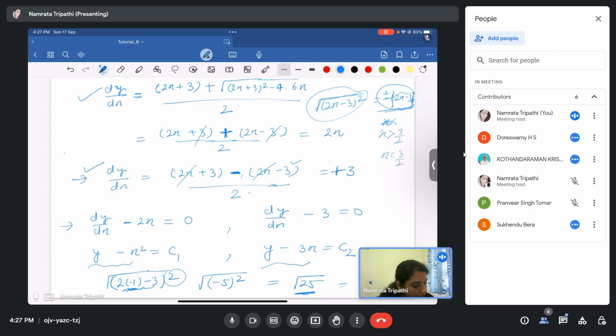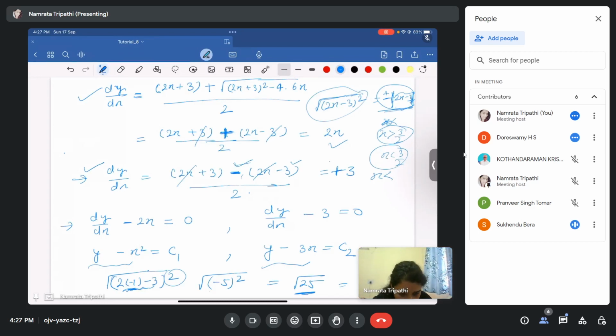You are saying this is the value of mod. Here, if we take plus, you will get one expression for x greater than 3 by 2, and after taking the other one, you will get the second one. In the second case, you will get two cases, so both cases will be similar.